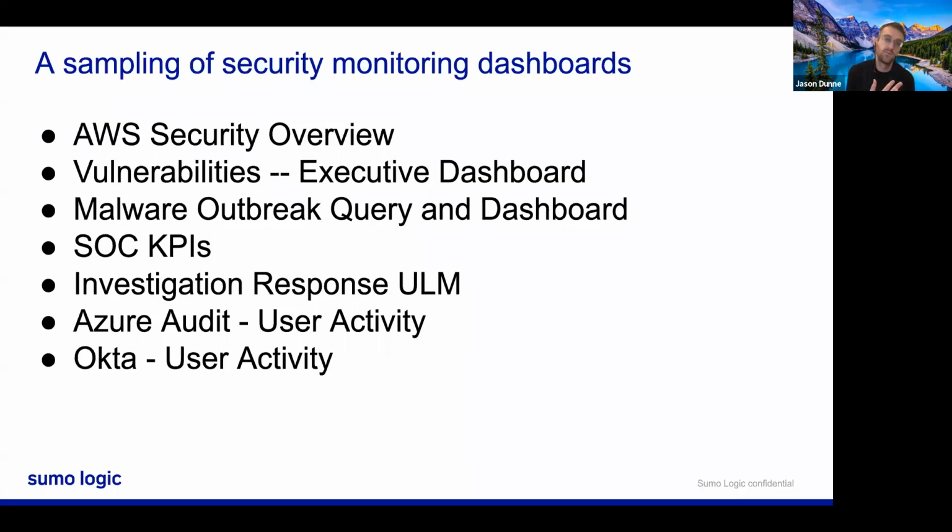We call it executive, so it'd be a VP of security engineering maybe, or a chief security officer who wants the broader strokes view of what's occurring in their system. And they want it over a larger time period, most likely 30 days. That gives you a bigger length of time to have the broader strokes view of what's going on.